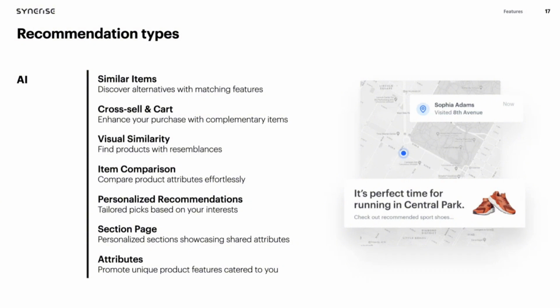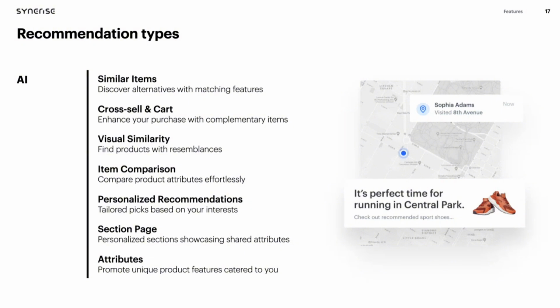But there are also some real use cases, real scenarios, sometimes edge cases, in which it is worth considering applying heuristics. But let's stay for a while with the AI recommendation types, right?